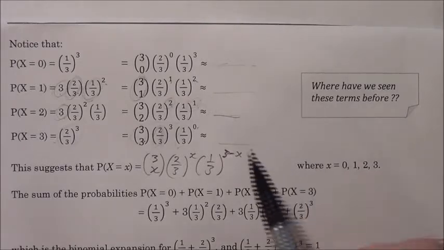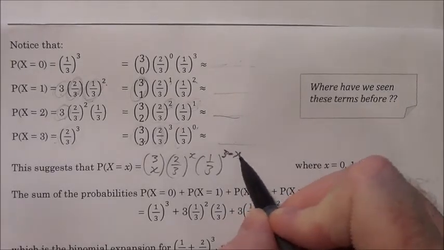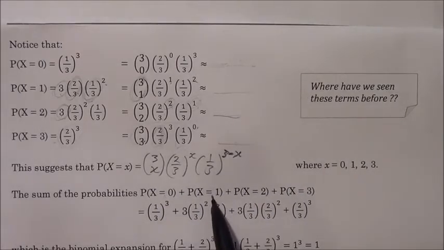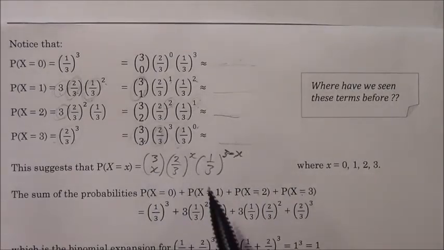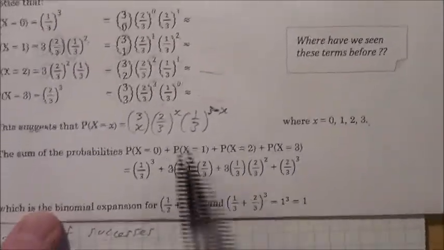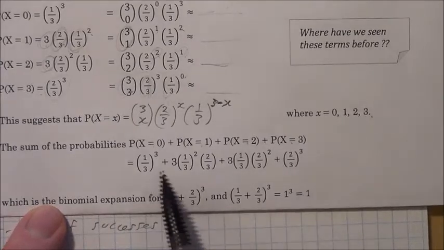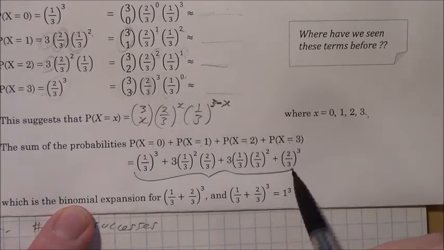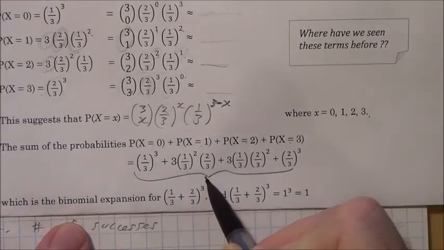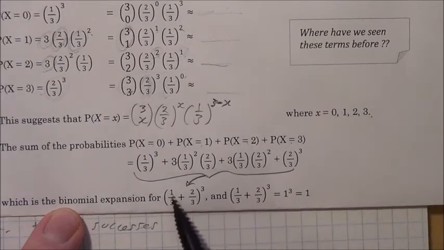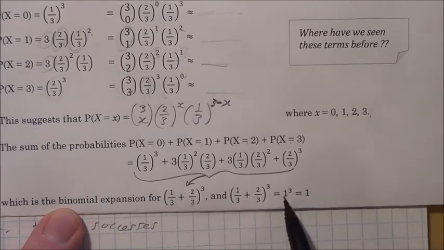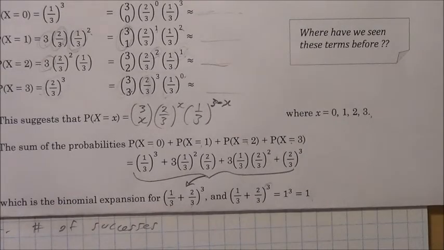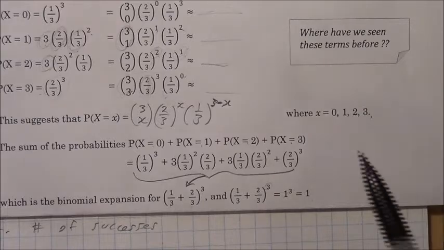Then we add all these together, substituting in the different values of x that we have here: 0, 1, 2, and 3. We substitute them in, add them all together, and we will see that this equals 1. Notice that this is actually the binomial expansion of 1/3 plus 2/3 cubed, and 1/3 plus 2/3 does equal 1, and 1 cubed equals 1. So that is how all of this is brought together.